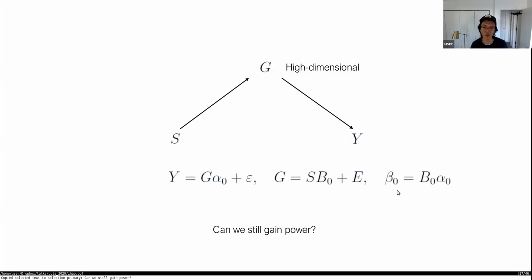The one thing that we did discover is, for example, suppose beta 0 is large, right? Should be easy to detect. However, suppose that's because alpha 0 is small and B0 is big. If that's true, then a lot of these G will be associated with each other because they all stem from the same, let's say S is low dimensional, right?